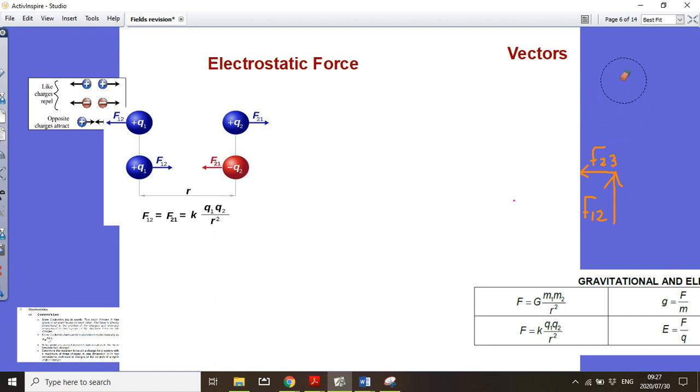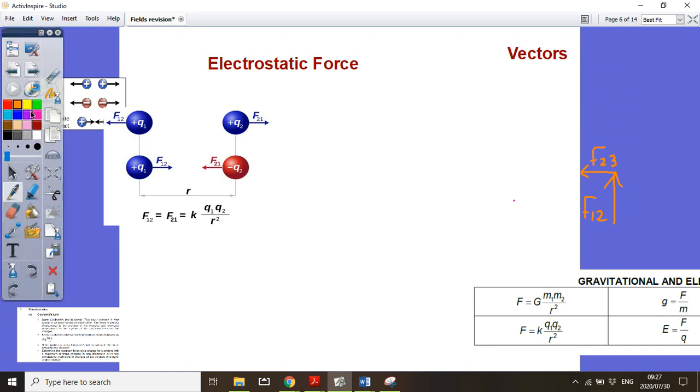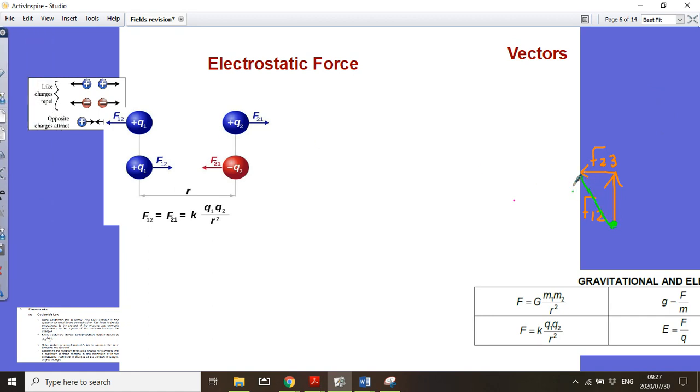So how am I going to do this? And your math is pretty good. We're just going to say from the start of this one to the end of that one. So F net acting on charge 2 is going to be the square root of F23 squared plus F12 squared, and the green one there will give me F net.